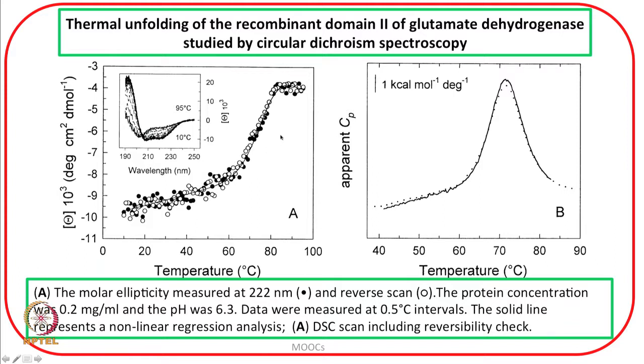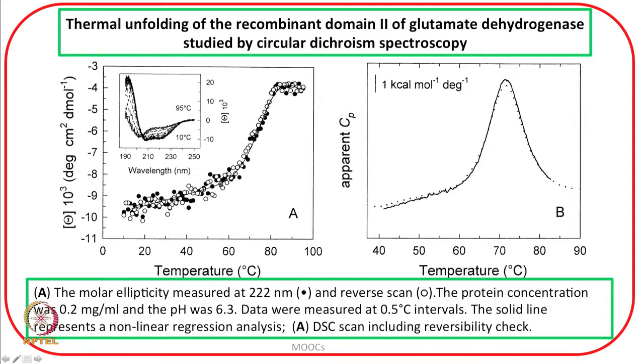In this particular figure, the black dots and white dots correspond to thermal heating and checking of the reversibility of the unfolding process. Obviously, in this case, since the black circles and the white circles are overlapping, this demonstrates that there is good reversibility of the unfolding in the case of the recombinant domain 2 of glutamate dehydrogenase.